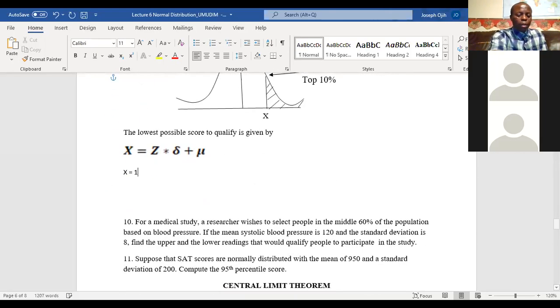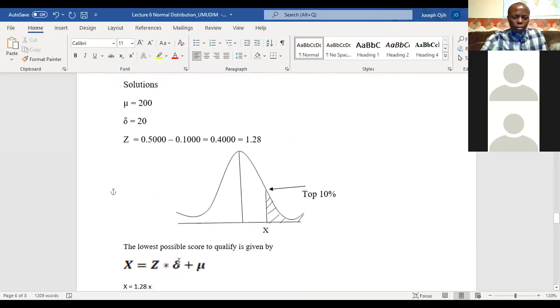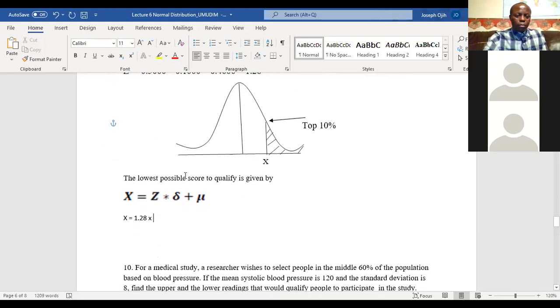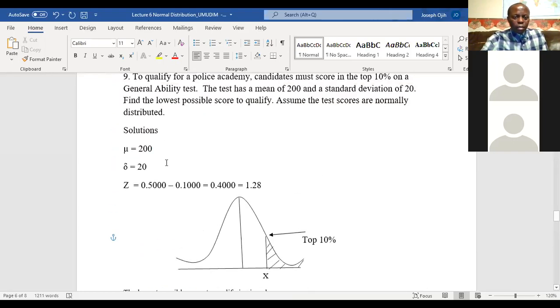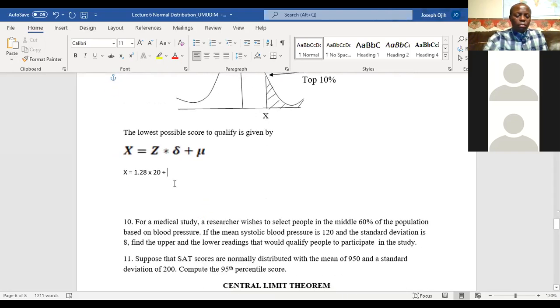So it's going to be 1.28 times the standard deviation, which is 20, plus the mean, which is 200. Let me write it down so we can compute this using a calculator: 1.28 times 20 plus 200.